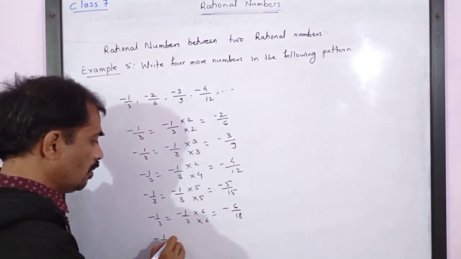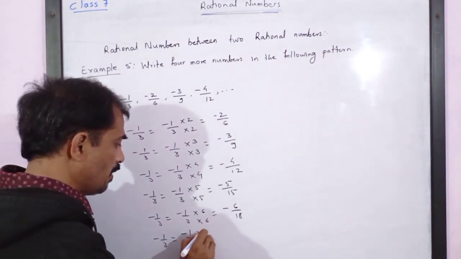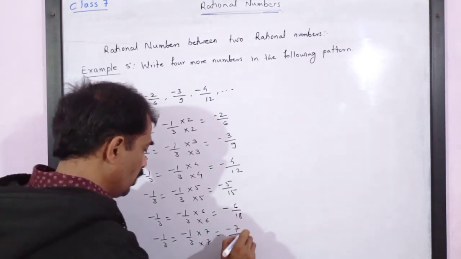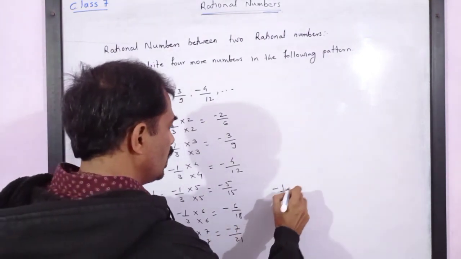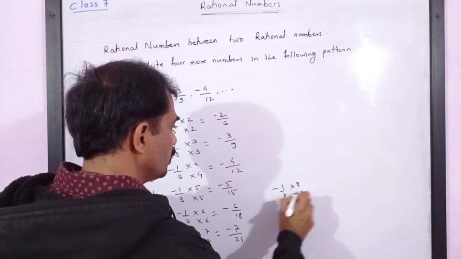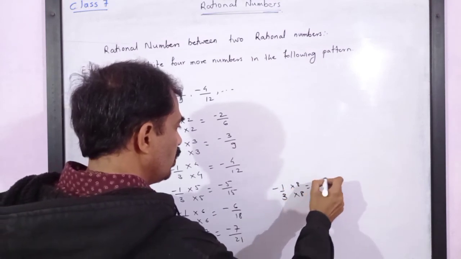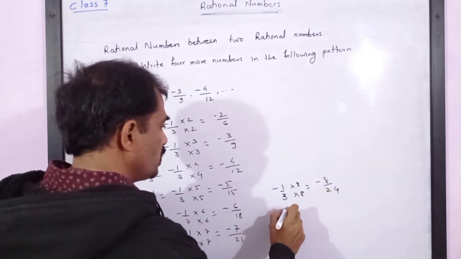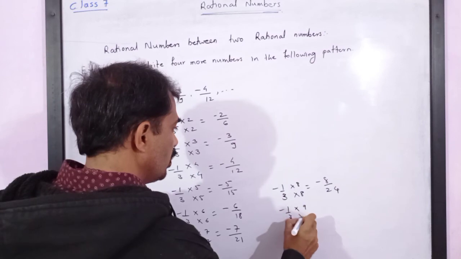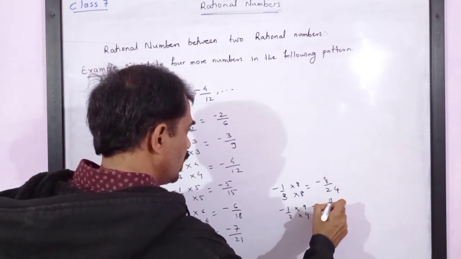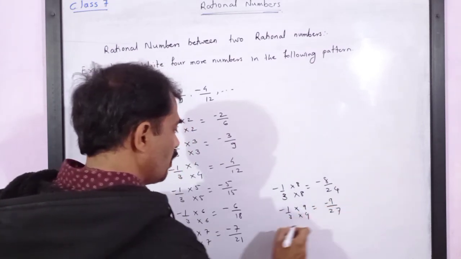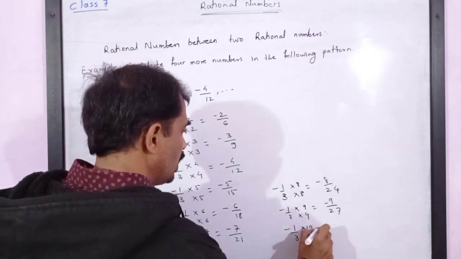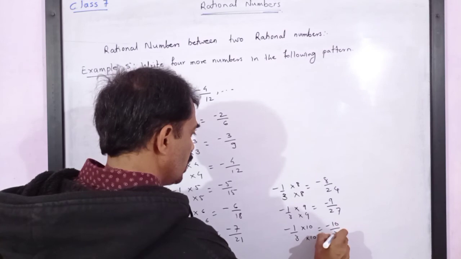If multiplied by 7, we will get negative 7 upon 21. If multiplied by 8, we will get negative 8 upon 24. If multiplied by 9, we will get negative 9 upon 27. If multiplied by 10, we will get negative 10 upon 30.